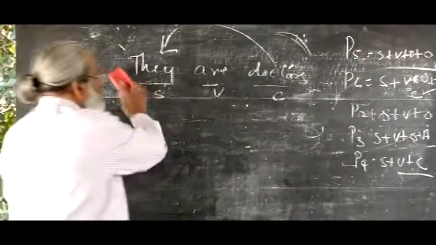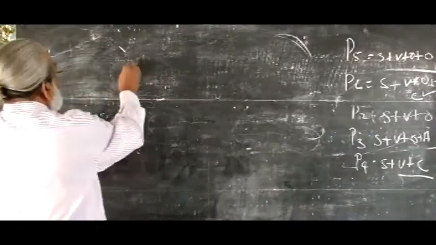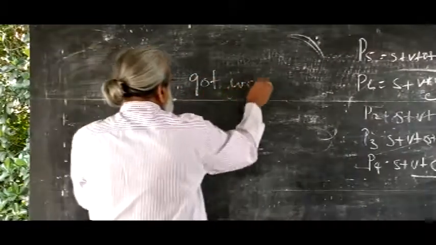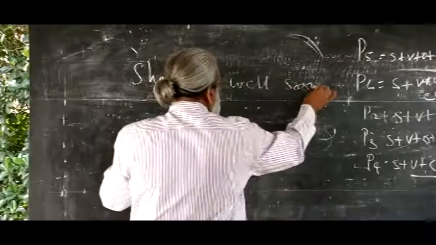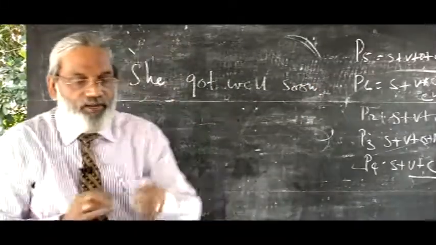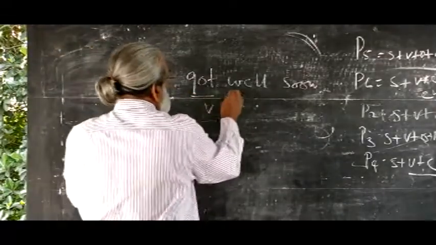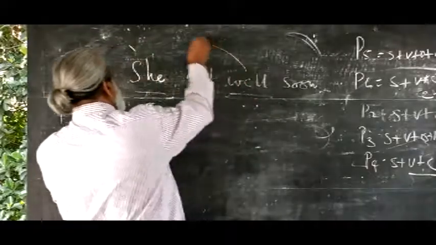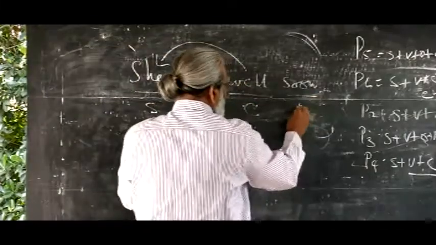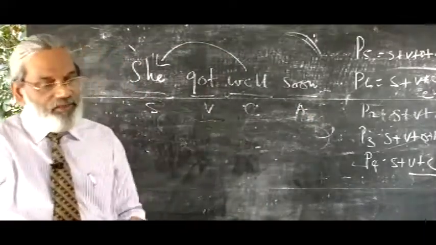Another example, one more example we'll take in the same exercise. She got well soon. Look here: she got well means complement. Then soon is A. So S plus V plus C plus A pattern is coming there.